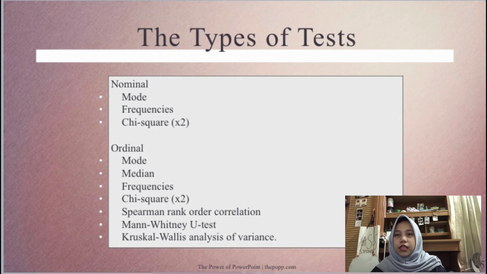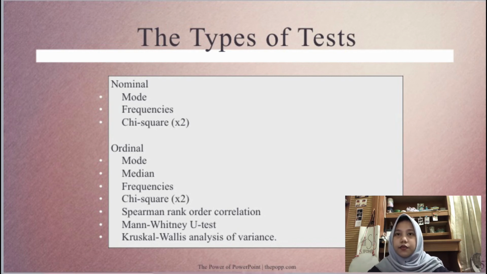For example, like the Likert type scale, there are strongly agree, neutral, disagree, and strongly disagree. In this test, we don't choose the neutral one because it's located in the middle, but we choose the result from the observations. If the median result is agree, then that is the median.